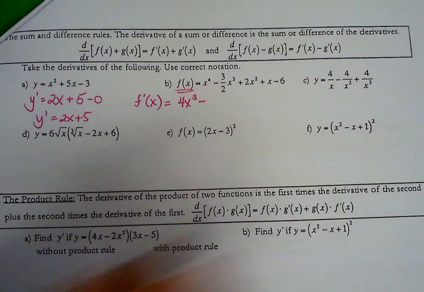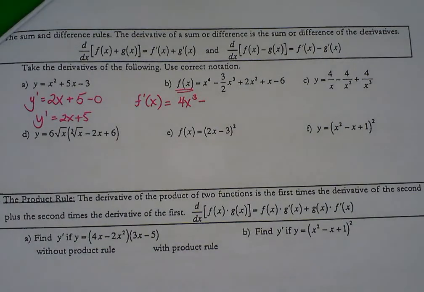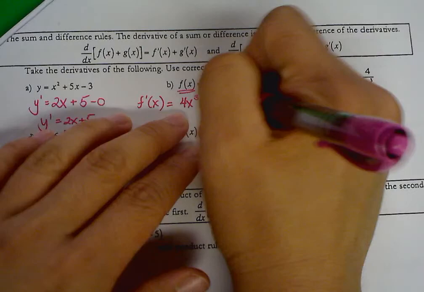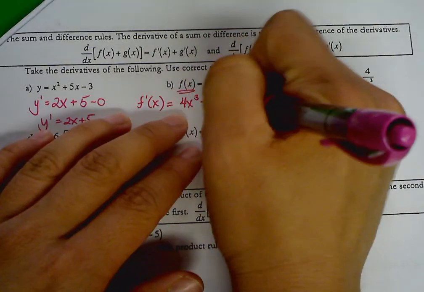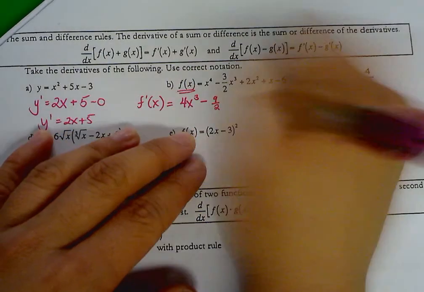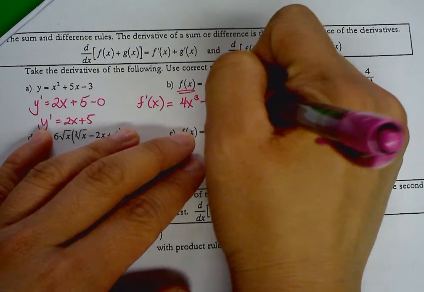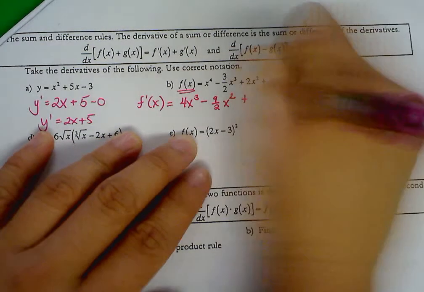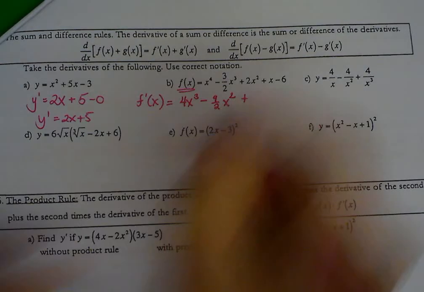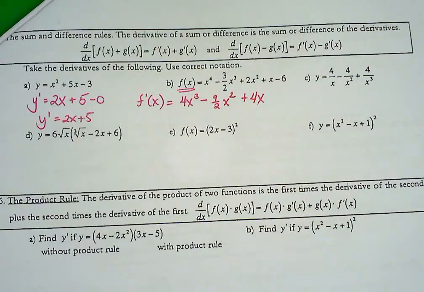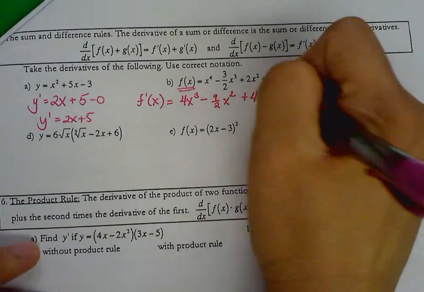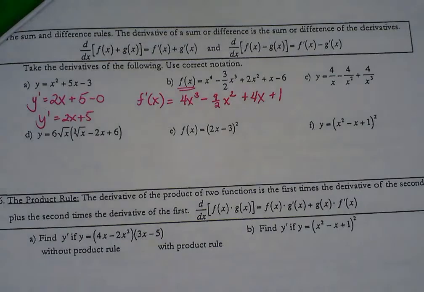You're going to multiply it by 3, so it's going to be minus 9 over 2 times x squared. Okay, what's the derivative of 2x squared? 4x. The derivative of x? 1. The derivative of minus 6? 0. Yep.